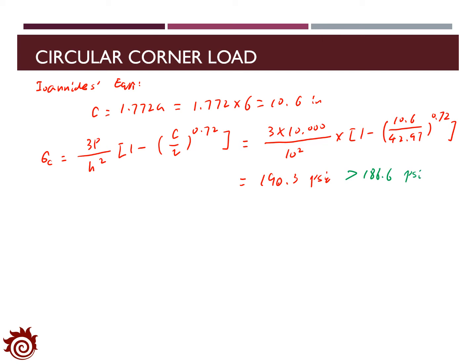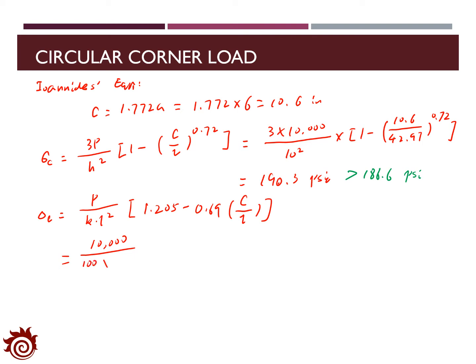For the maximum deflection, we have delta c equal to P divided by K times L squared times (1.205 minus 0.69 times c divided by L), which will give us the value as 10,000 divided by 100 times 42.97 squared times (1.205 minus 0.69 times 10.6 divided by 42.97).